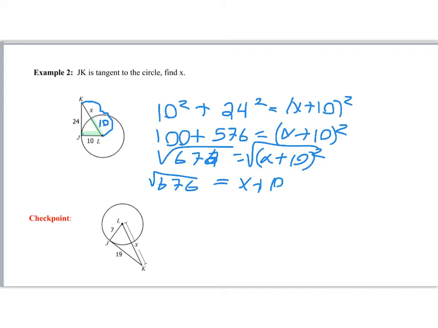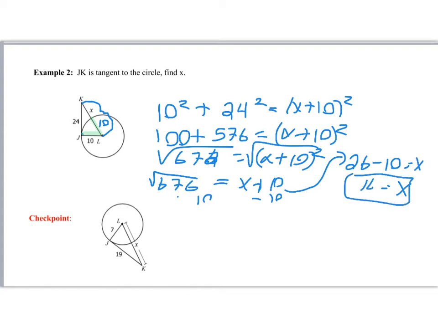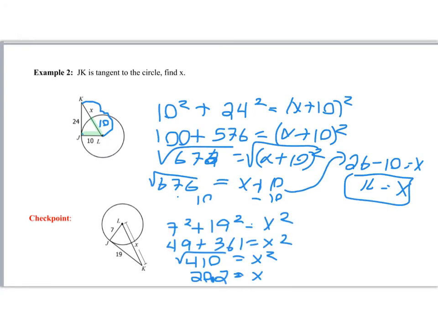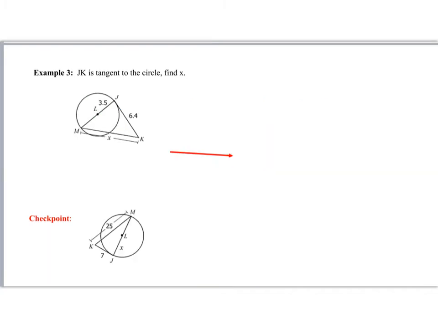The square root of 676 is 26. And if I subtract 10 from both sides, therefore X equals 16. All right, go ahead and pause, give the other one a go, and when you think you've got it, jump back on. Okay, here's the answer. Move on to the next one.